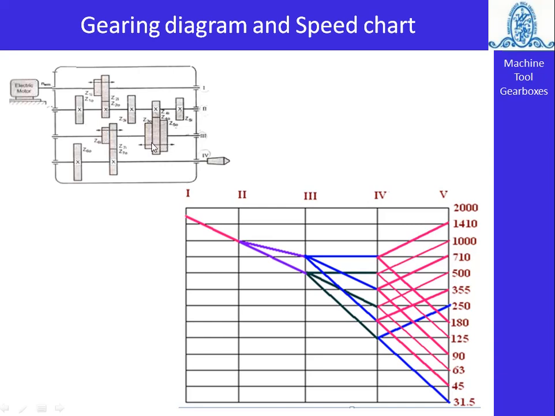So while engaging and disengaging, it will easily engage and disengage, because where the smaller gear is there, obviously the bigger gear is available at the intermediate shaft. Likewise, if the smaller gear is available at shaft 1, obviously the bigger gear is available at shaft 2. So as I told you, take into consideration the rule that the smaller gear or the pinion gear should always be drawn at the left side of the cluster. I hope you understood this.